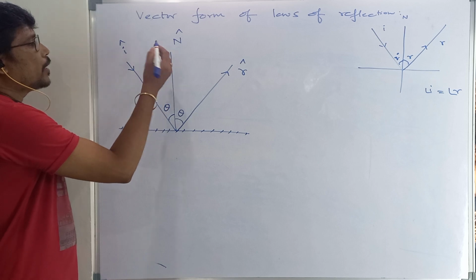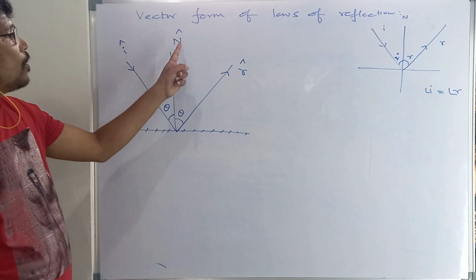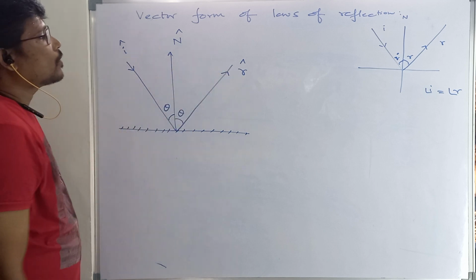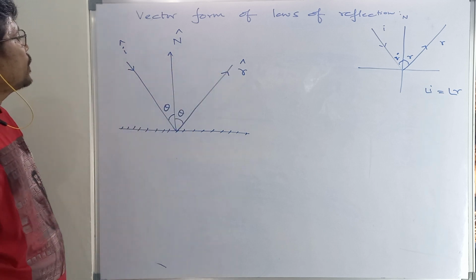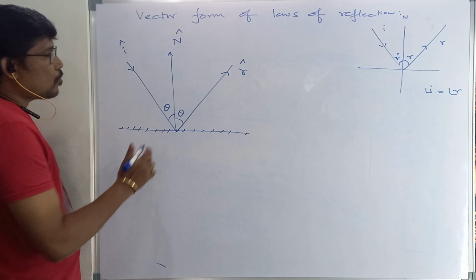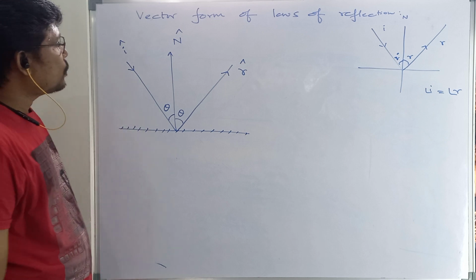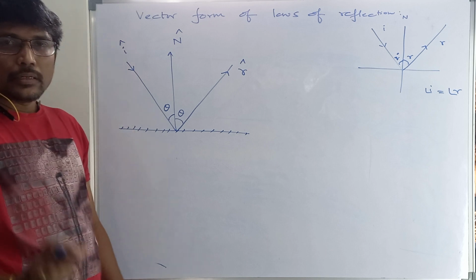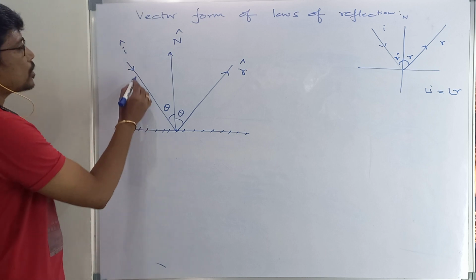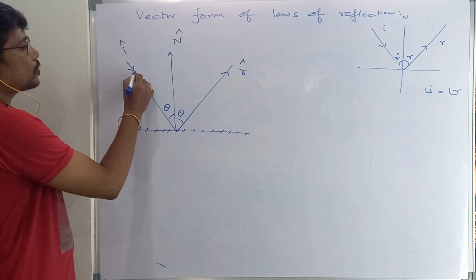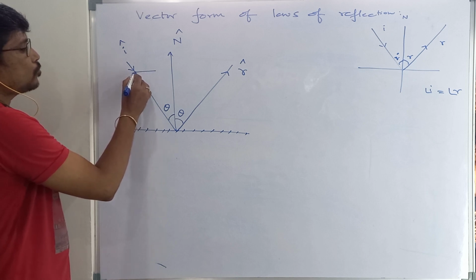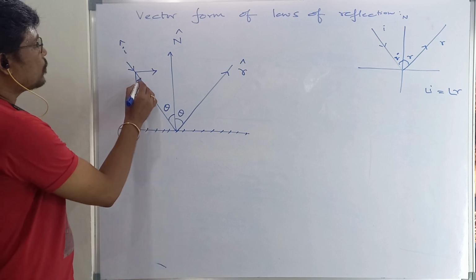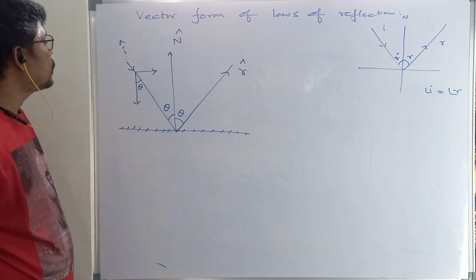Now, this is the normal, this is the reflected vector, and this is the incident ray vector. In this case, this incident light vector is resolved into two components. See how I am resolving this into two components. See carefully. If this is theta, this is theta.